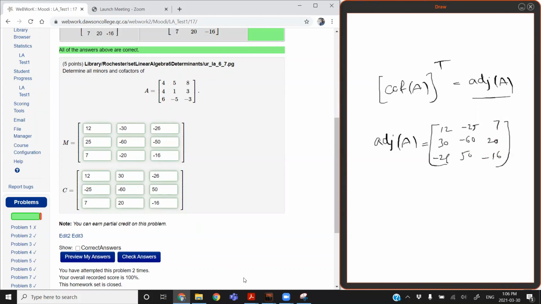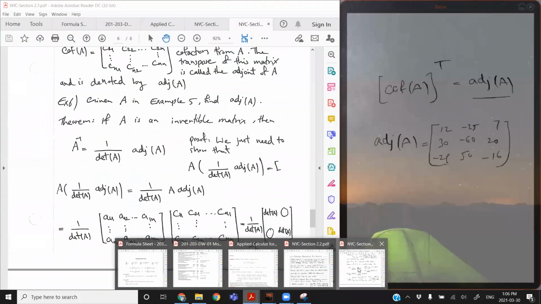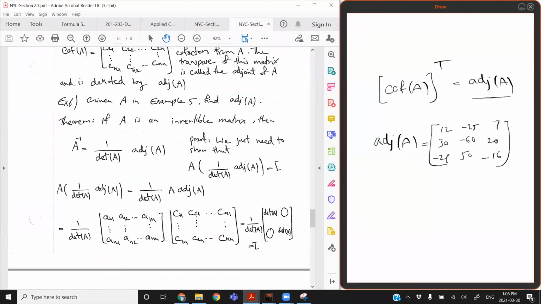Is it clear for everybody what the adjoint matrix is? Okay, now we have this beautiful theorem which gives us the formula for A inverse. For any invertible matrix, A inverse is going to be 1 over the determinant of A times the adjoint of A.